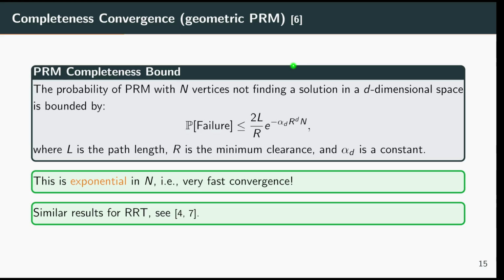Exactly. So at least it's not defined, I would say. Maybe if it takes a limit of infinity, that's true.